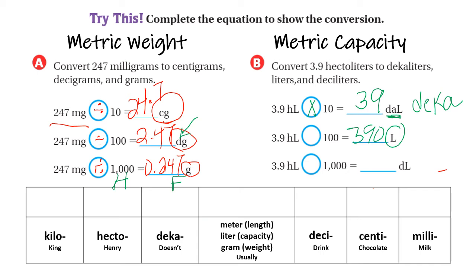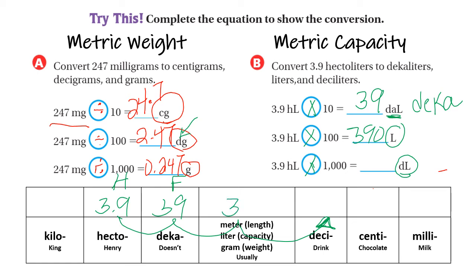Okay, last one. We're still starting at hectoliters with 3.9. And this time we're going to deciliters. So we're moving to the right 1, 2, 3 times. So we're multiplying because we're going to the right. 3 times. So we move it once, it gives us 39.